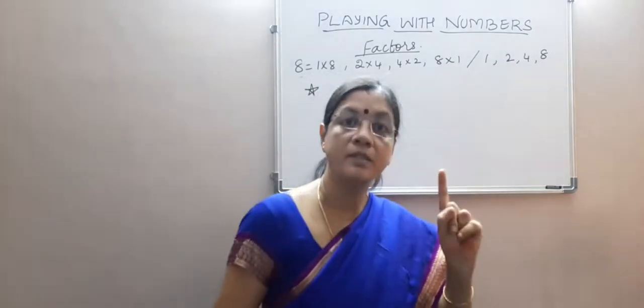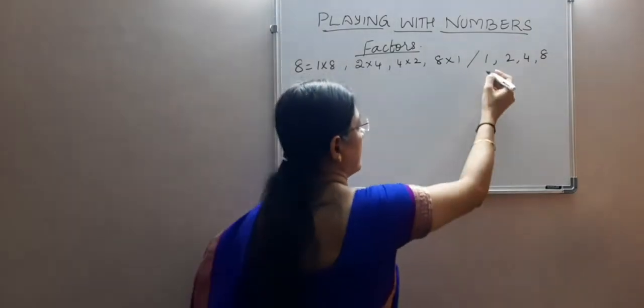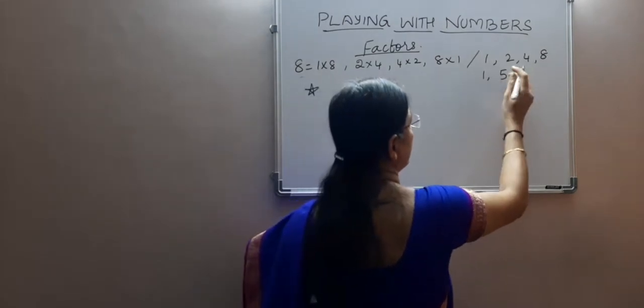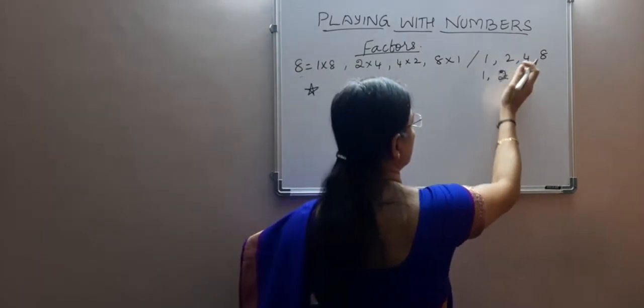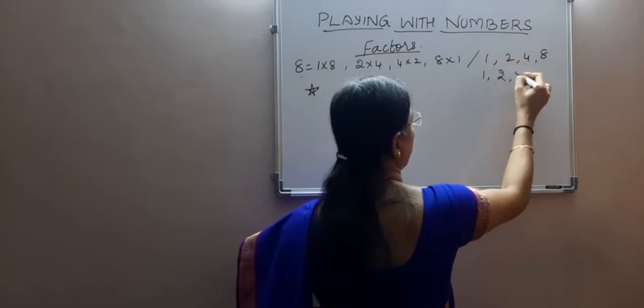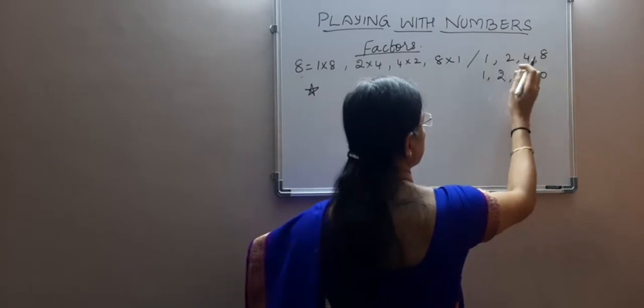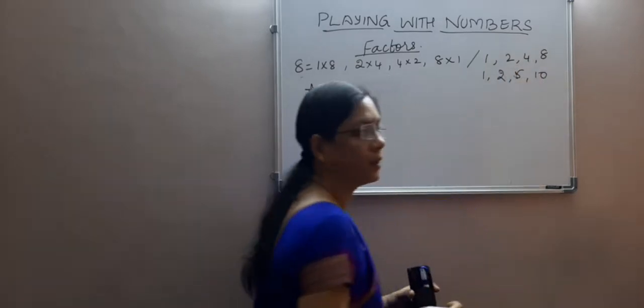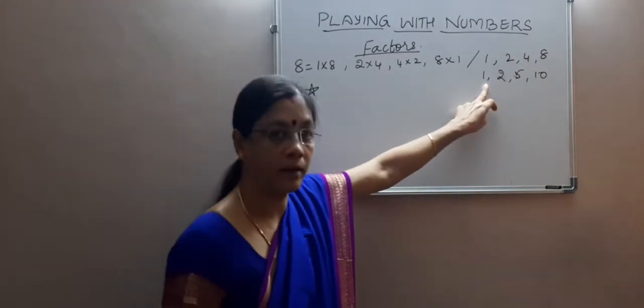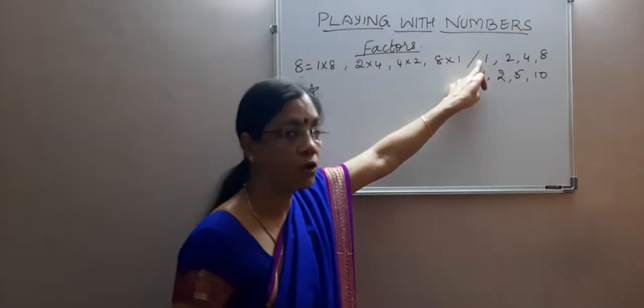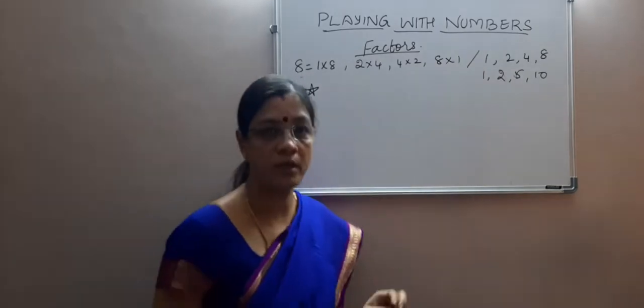When I represented 10, I had 1, 2, 5 and 10, isn't it? Here too I had 1. So for 8 there is 1, and for 10 also there is 1.